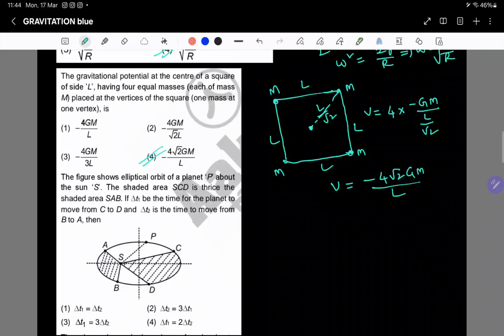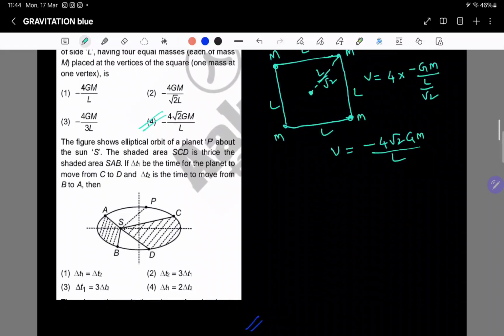Yes. Next question, students: the figure shows an elliptical orbit of planet P about the sun. The shaded area SCD is 3 times the shaded area SAB. So the area is 3 times more, 3A.